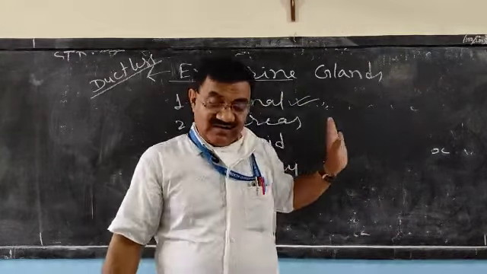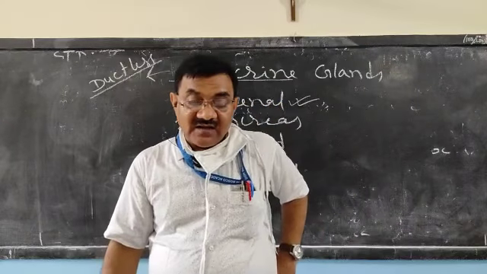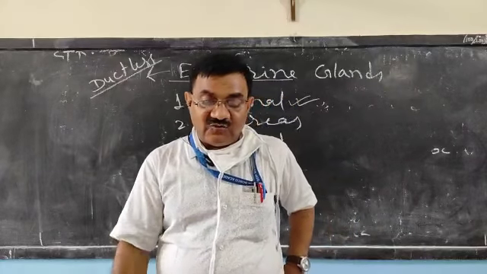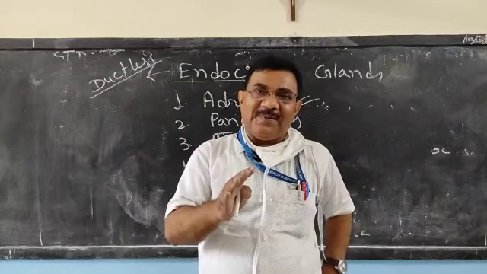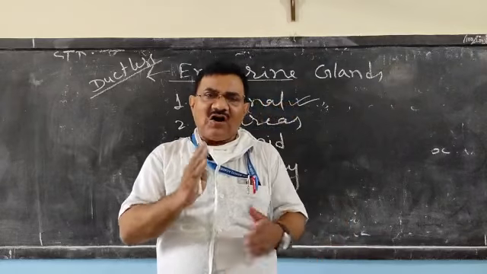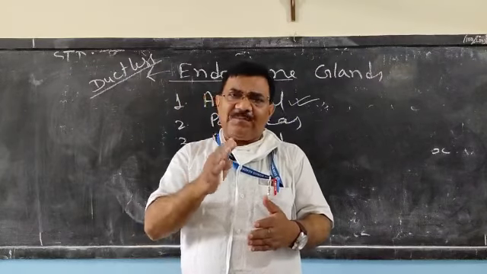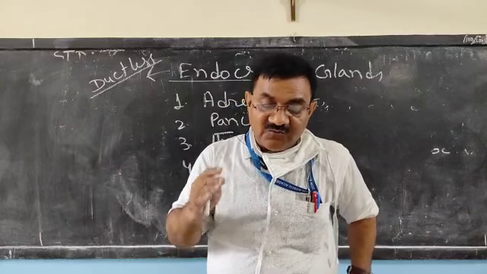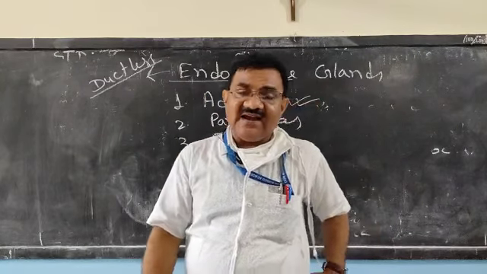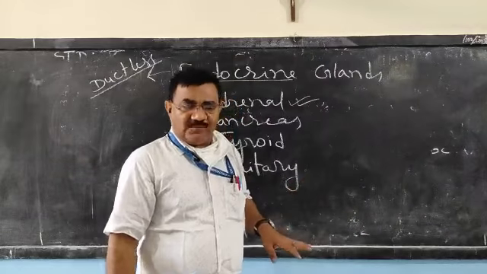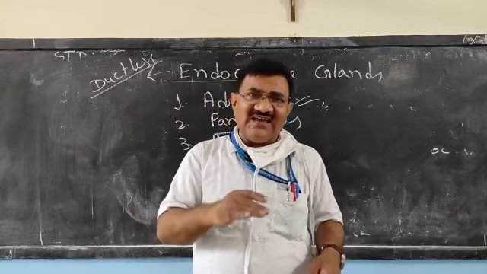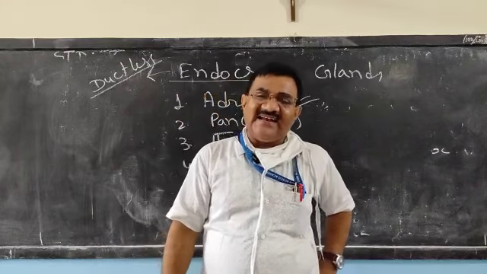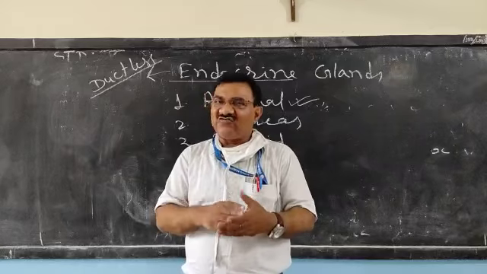Certain hormones like thyroid stimulating hormone, gonad stimulating hormone and adrenocorticotropic hormone, ACTH, refer to hormones which stimulate other endocrine glands, and they are called tropic hormones. The posterior lobe of the pituitary gland secretes antidiuretic hormone, ADH or vasopressin.